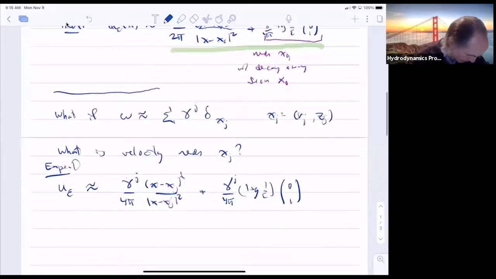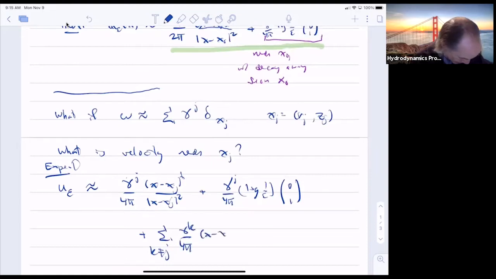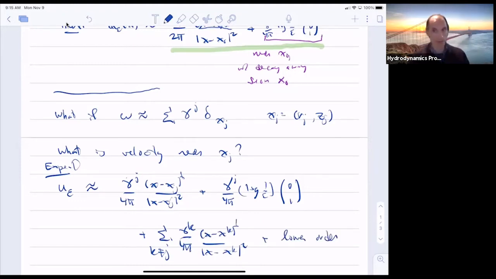And then the contributions from the other guys. And let's say this is lower order. Okay, so here I'm making an assertion that if we wanted to prove things, we would have to justify.